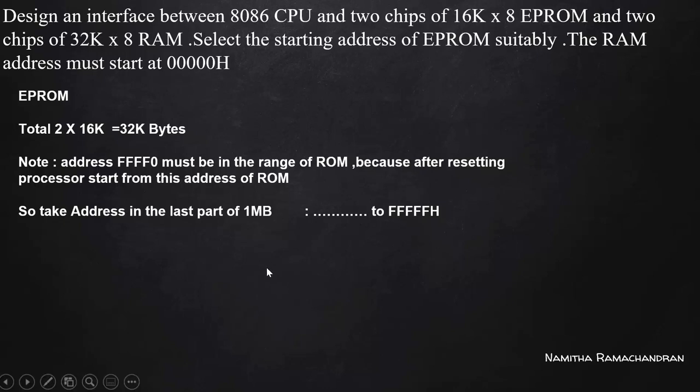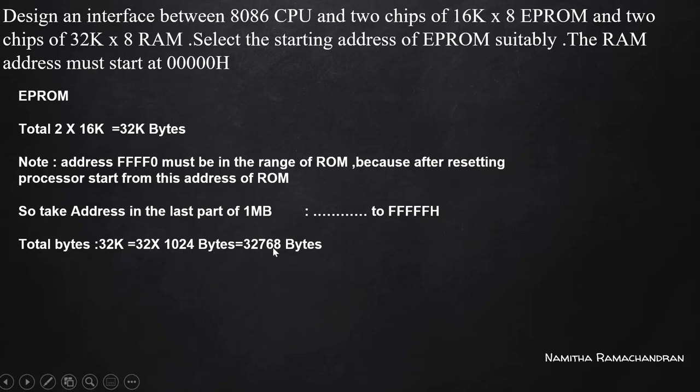Here we want to find out the starting address of our ROM space. We fixed the last byte address of our EPROM, and we need to derive the starting address of our EPROM. How is it possible? Total how many bytes? 32K bytes, meaning 32 into 1K, which is 1024 bytes.